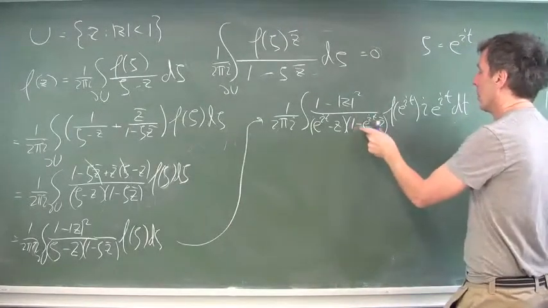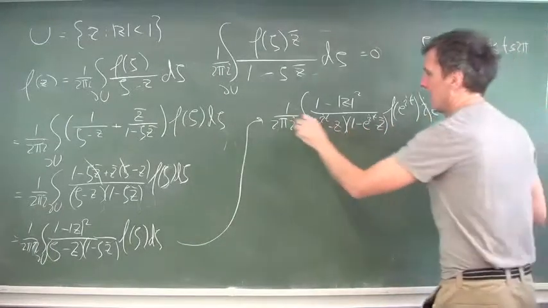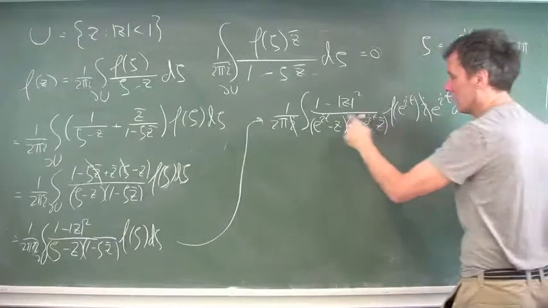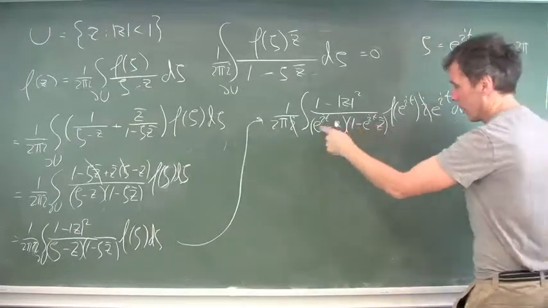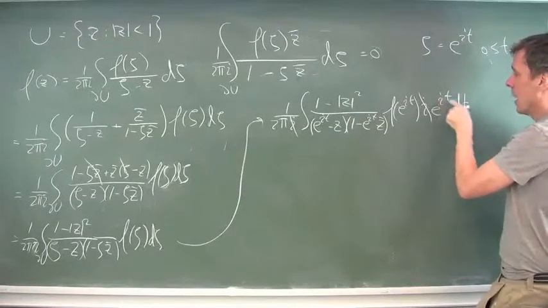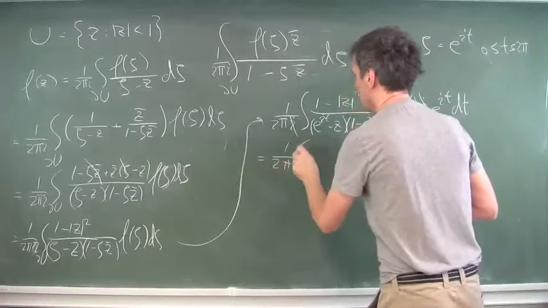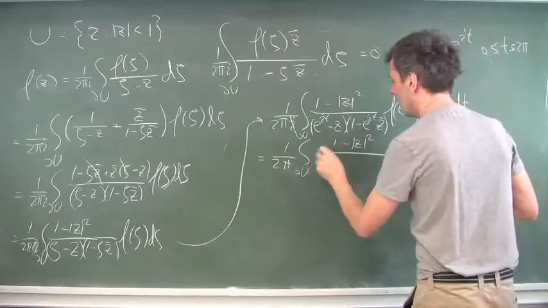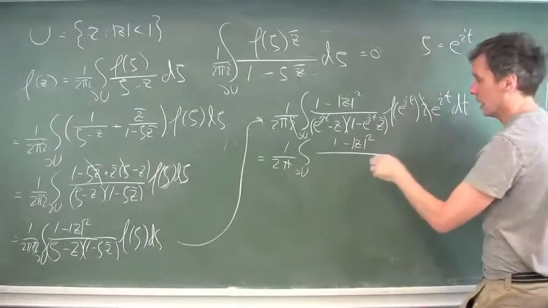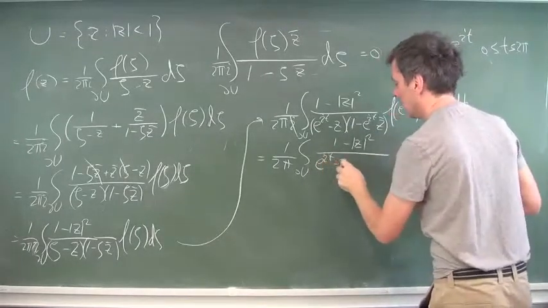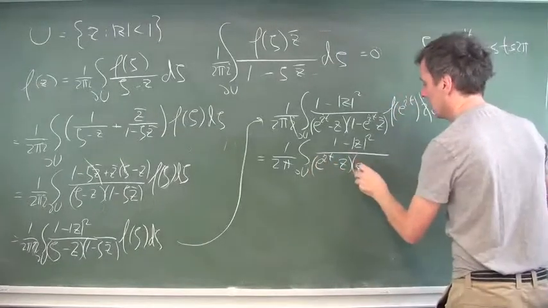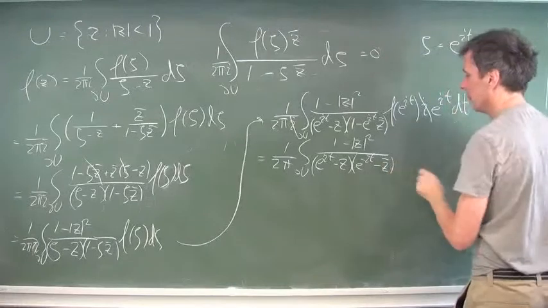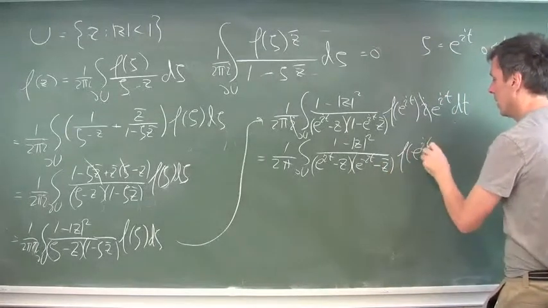Now, to simplify this further, we first note that the i's will cancel out, and then we can move this factor e to the i t down in the denominator, so we have to multiply down here by e to the minus i t. So we multiply this factor by e to the minus i t, and then we'll get e to the i t minus z, and here we'll get e to the minus i t minus z conjugate, and then we have f of e to the i t dt.